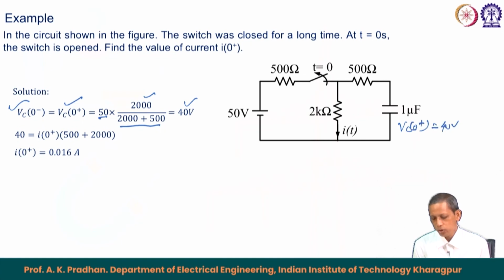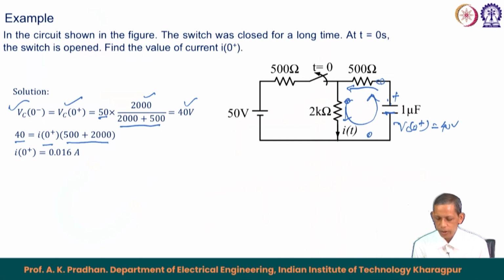Now this switch is open. Therefore, we can write the KVL equation for this loop. The corresponding current here is I t, and the source is 40 volt.